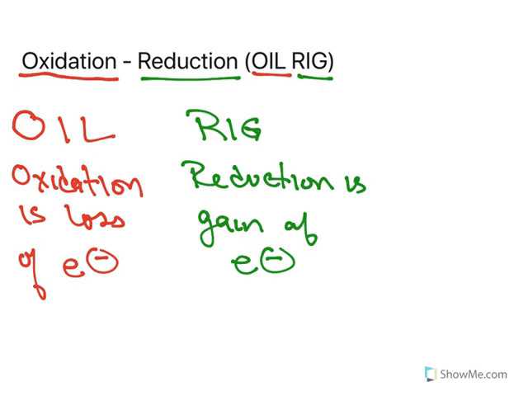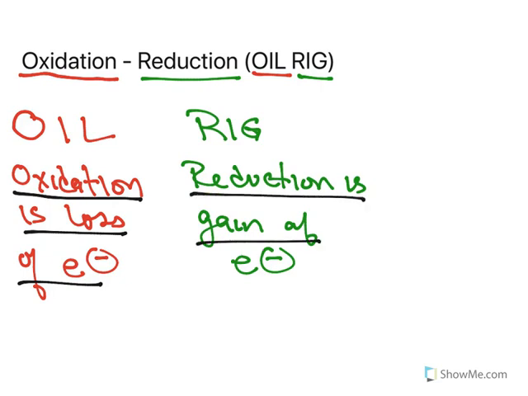OIL RIG stands for: OIL, oxidation is the loss of electrons. RIG then explains what reduction is: reduction is the gain of electrons. So oxidation is when a molecule loses an electron.